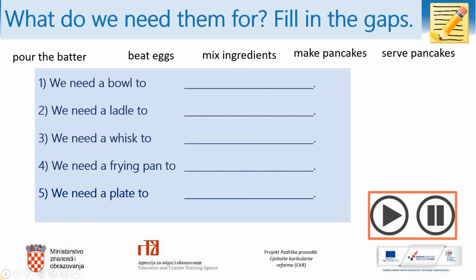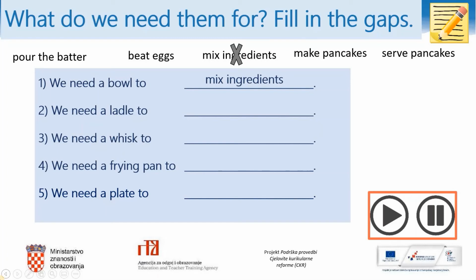Your task is to copy this task into your notebooks and fill in the gaps. Pause the video lesson to do it, and after you finish, play it again to check if you did it correctly. Okay, I hope you have finished your task. Now let's check. Number 1. We need a bowl to mix ingredients.